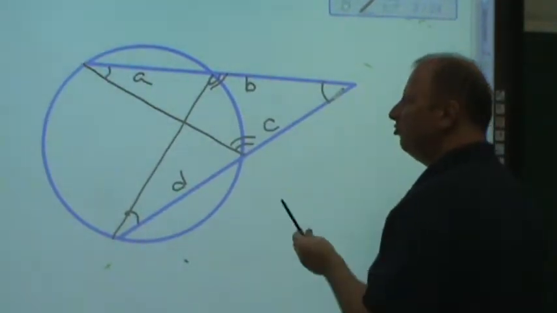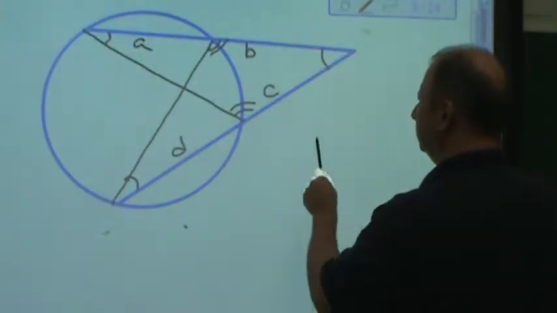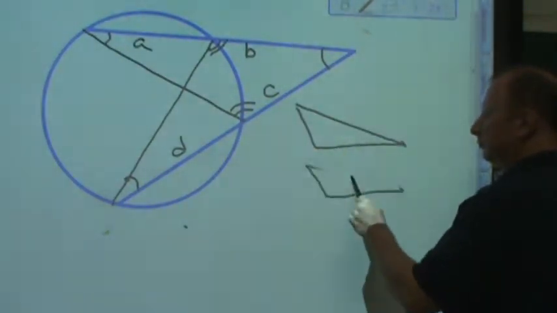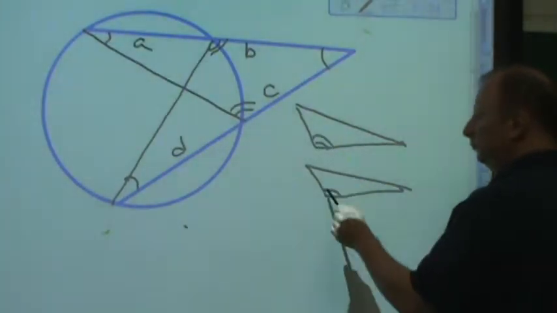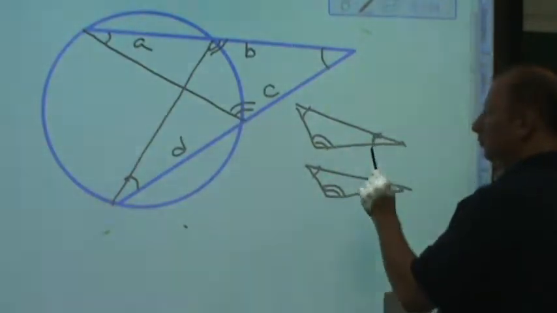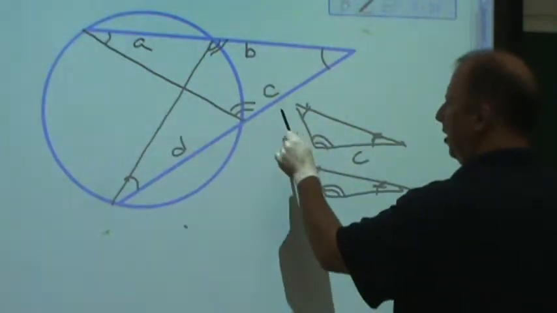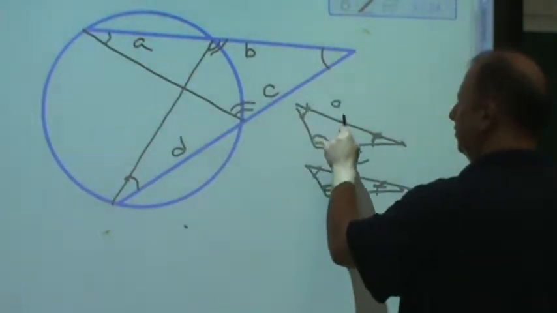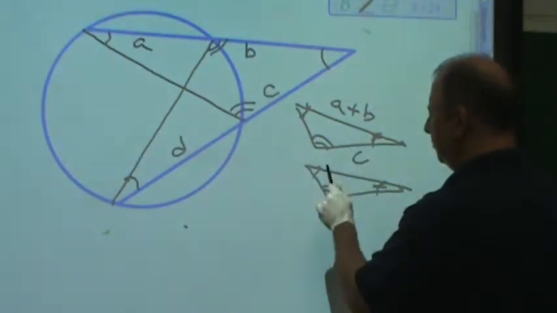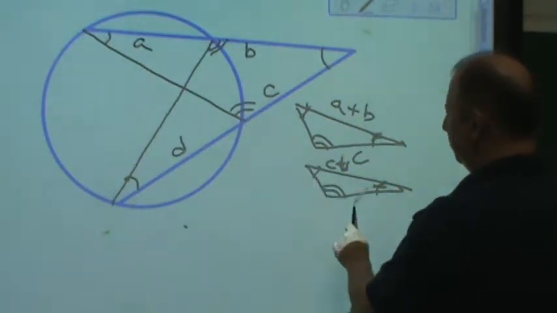And we're going to look at the two triangles all over again in the same exact way we just did it. Opposite the 1 was a C, opposite the 2 was A plus B. Opposite the 2 in this case was C plus D, and opposite the 1 was a B.